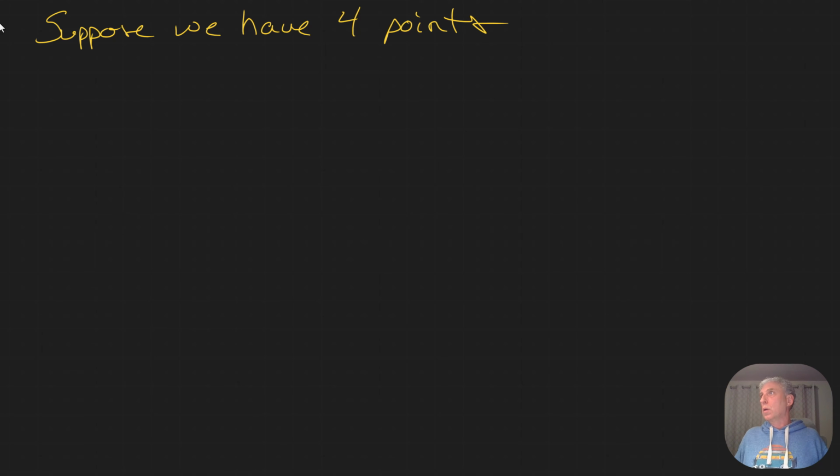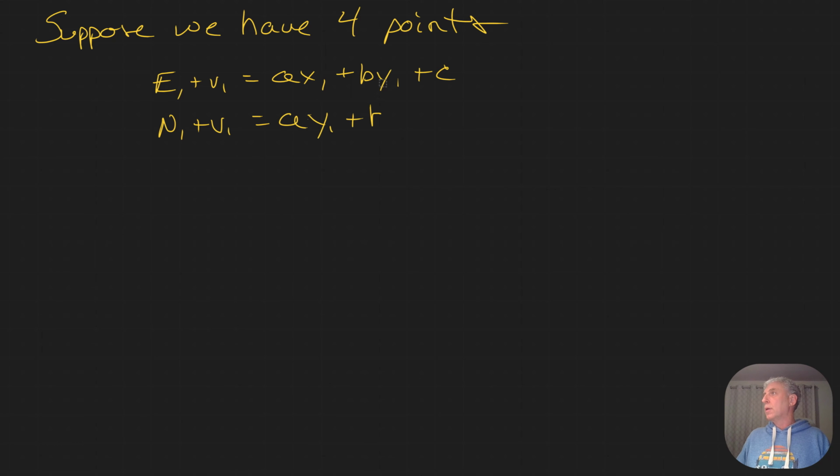Then that would look like E sub 1 plus V sub 1 equals A x sub 1 plus B y sub 1 plus C. And then the northing would be N1 plus V1 equals A y sub 1 plus b, or that's going to screw me up sometime. So far I'm catching it. Wish you could yell at me, but you can't until later.